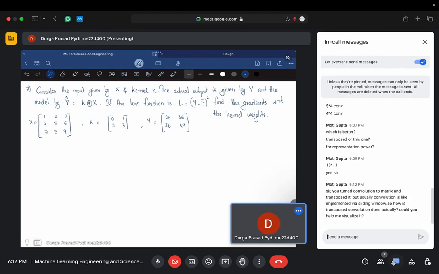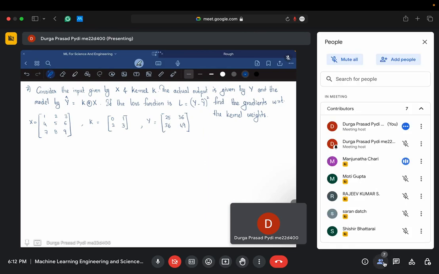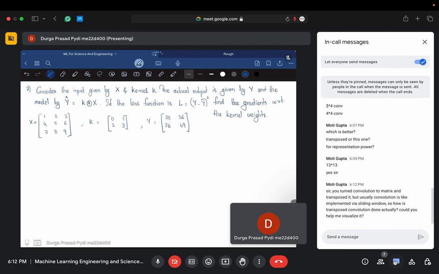Regarding assignment 6, question number 1. We have been given 14 channels, the filter size is 2 by 2, and the number of parameters that is needed. I think there was a correction in the question that has been given in the discussion forum, if you have gone through it.